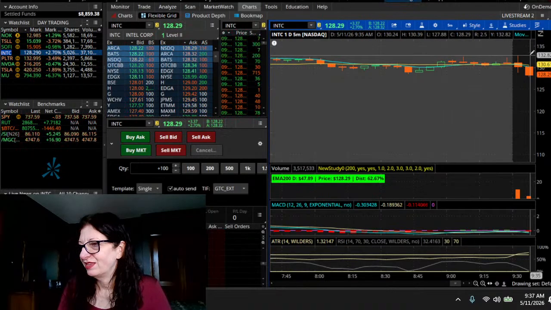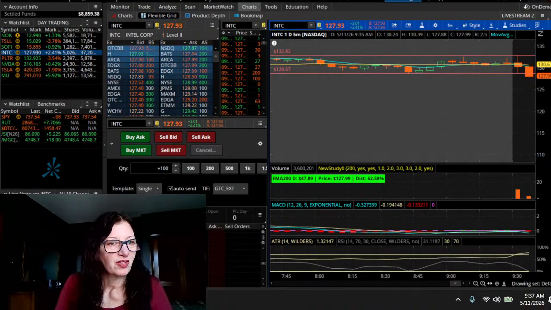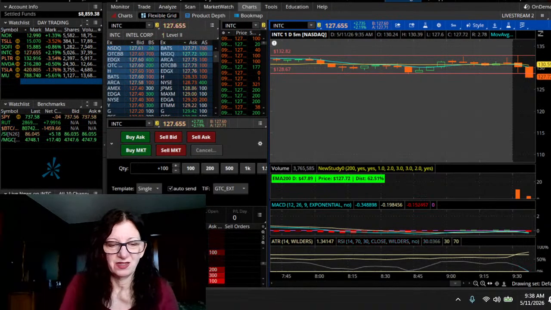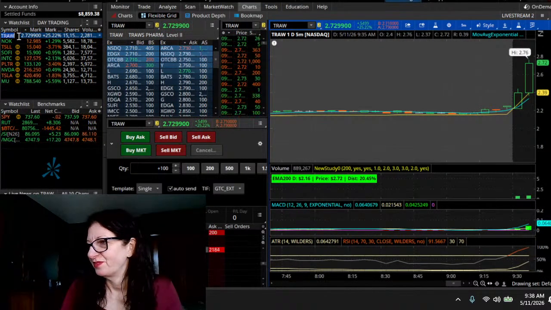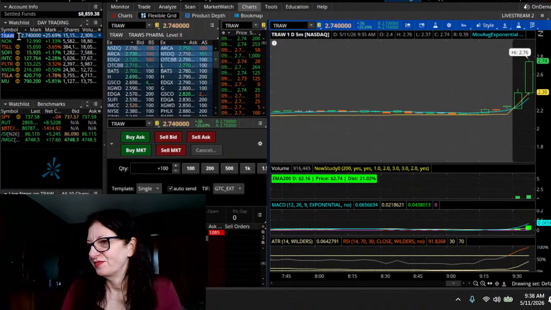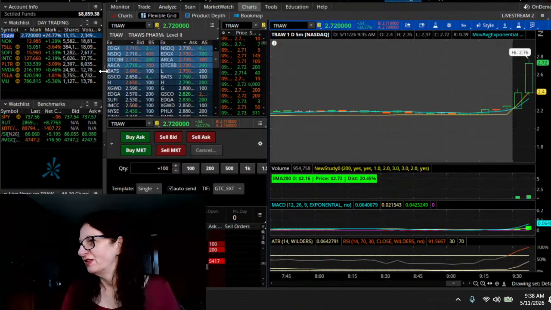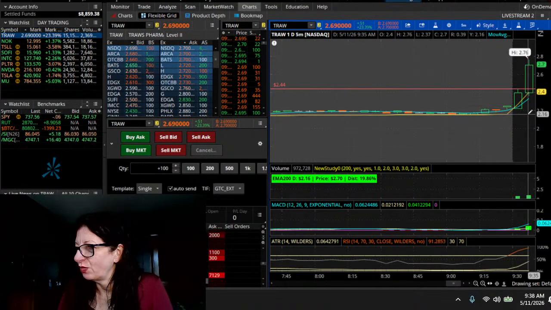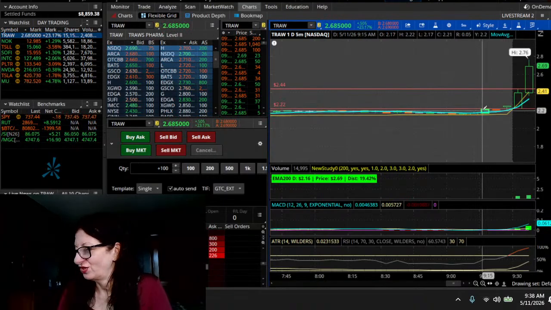INTC, they've gone down. TRAW, didn't I trade that the other day? Let me see, that's for small caps. I think I did. That's popping up. All right, so if I were going to do the opening range breakout thing with this, it has broken out above its opening range.